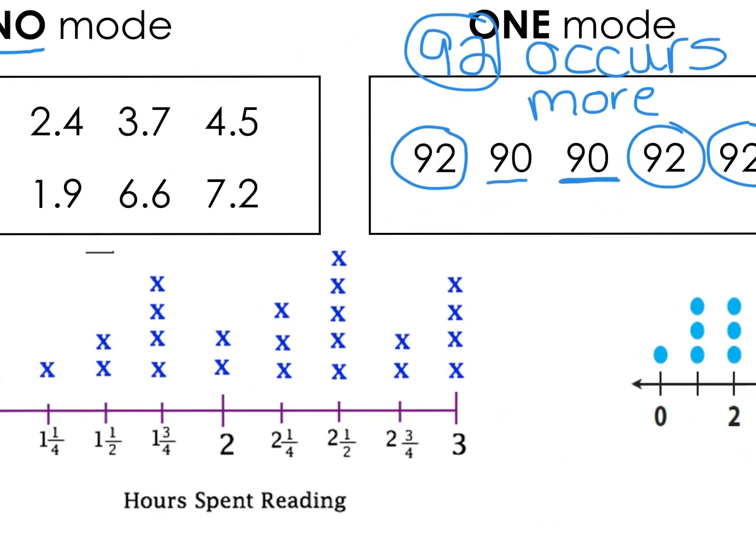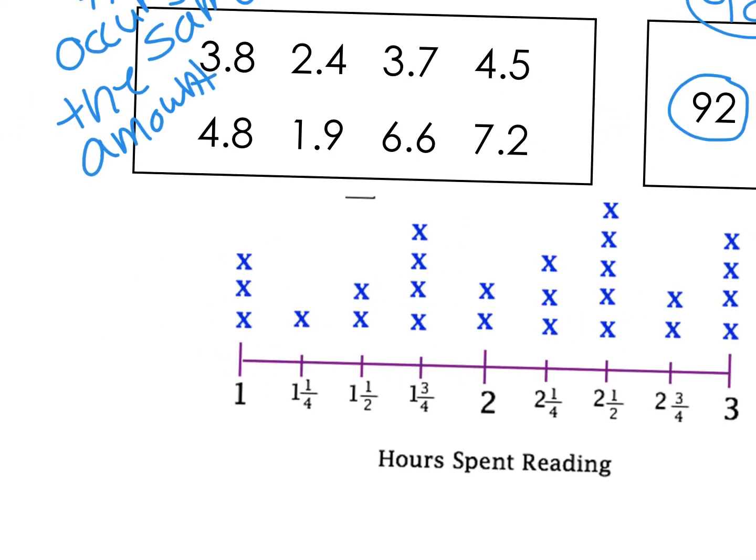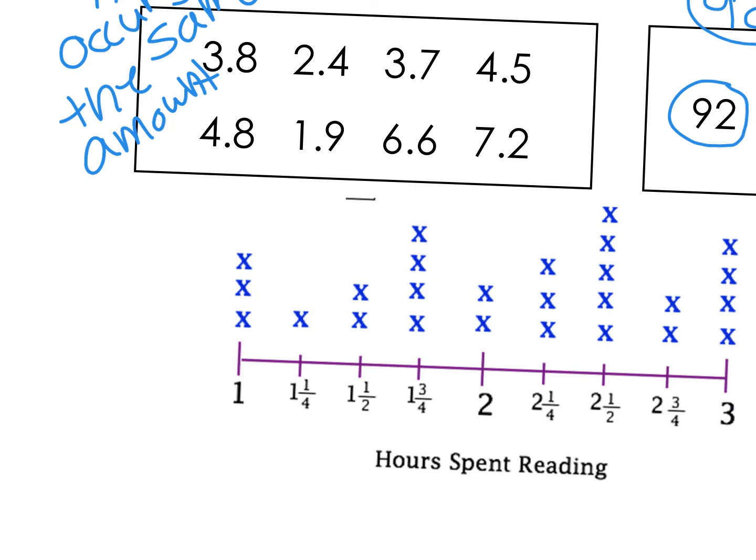Okay, now let's take a look at some graphs. And mode is really easy, especially on dot plots and X plots, because it is the highest stack. So here we're going to be looking for the highest stack.